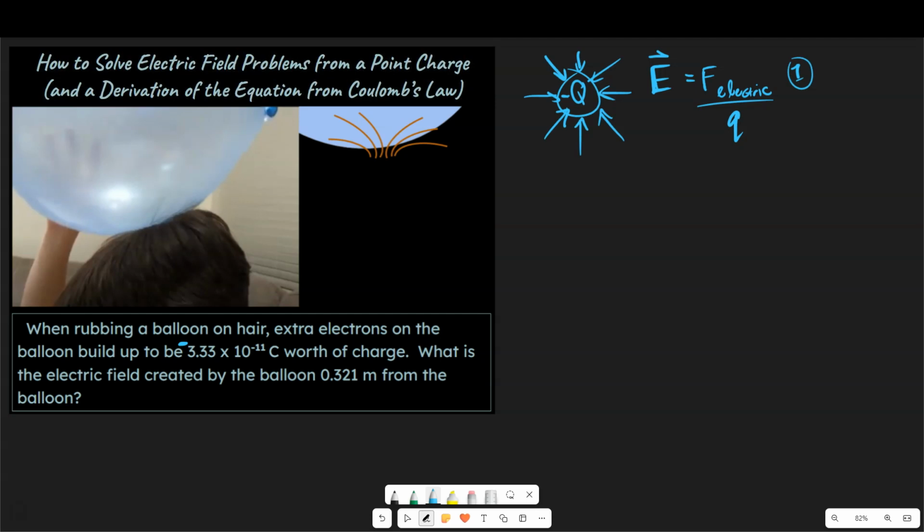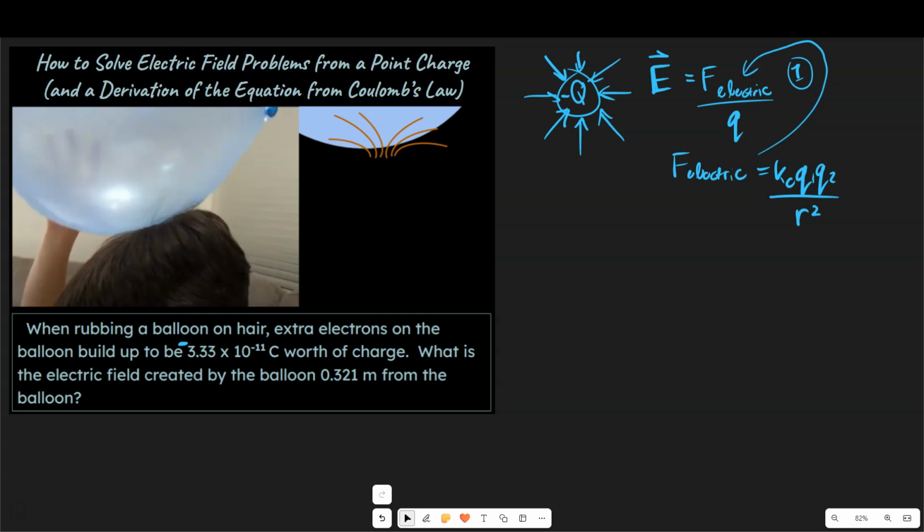But what we can do also with equation 1 is remind ourselves we know something about that F electric. We have talked about Coulomb's law, and I could put a link to that lesson in the upper right about now if you want more information about that, but it's just describing the force that you get between two charges. So we can go ahead and sub that in if we know something about Coulomb's law.